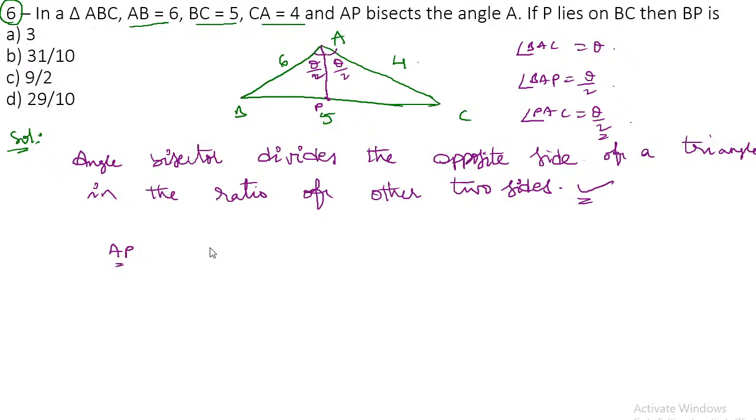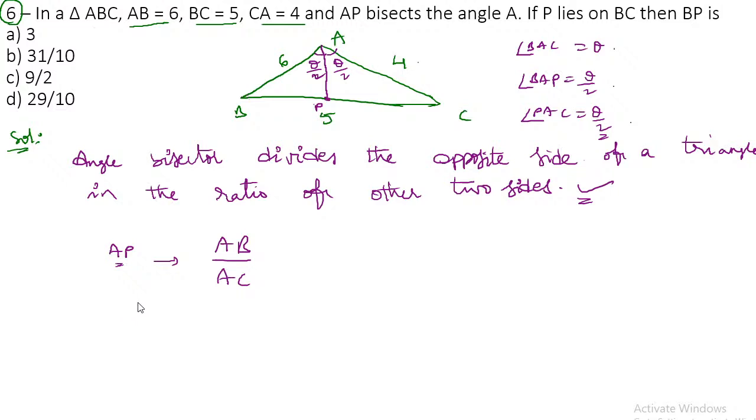So AP divides BC in the ratio of the other two sides, and the two sides are AB and AC. So at this point, P divides this line BC in the ratio of AB and AC.